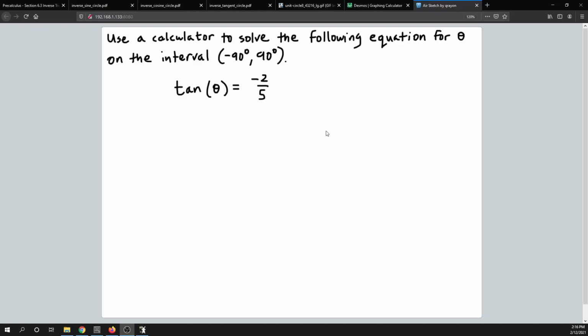All right, so what we are going to do is use the inverse trigonometric functions. And in this case, we have tan theta equals negative 2/5.